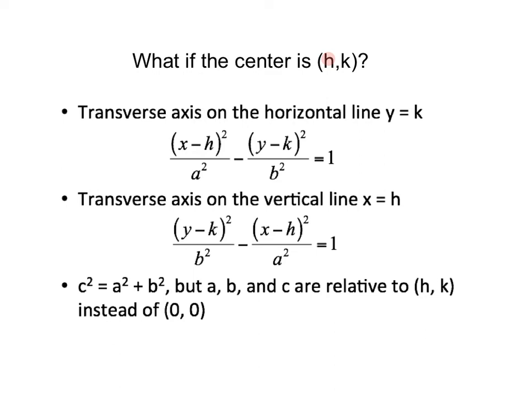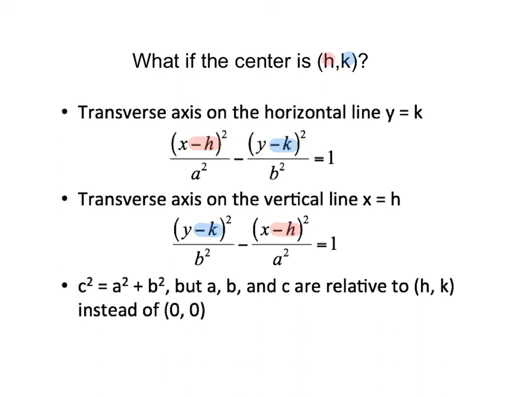But we would need to subtract h from x wherever it is. If we need the y-coordinate to be k, then we need to subtract k from y wherever it is in the equation.